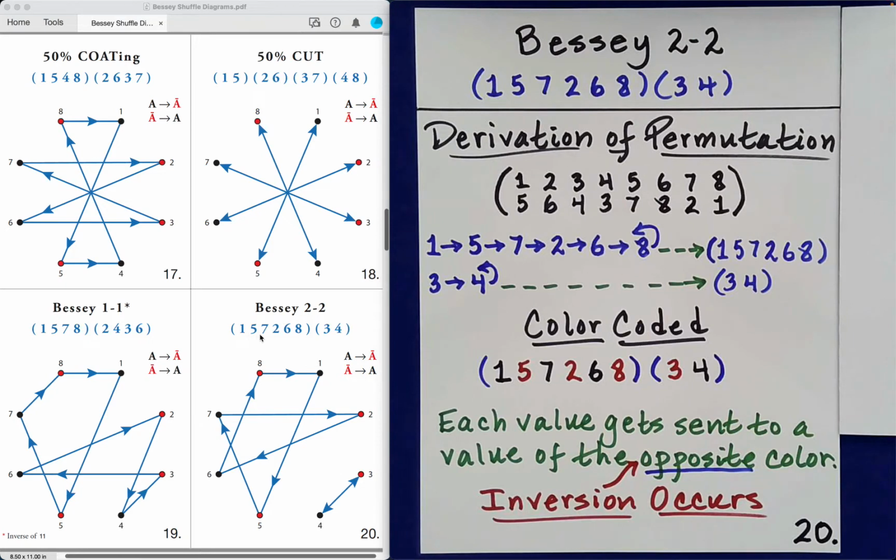And because of the 6th cycle here, we know that the Bessey 2-2 has order 6, meaning you would have to perform this shuffle 6 times to reset the packet of 8 cards back to its original order. And over here we've indicated that inversion has indeed occurred.